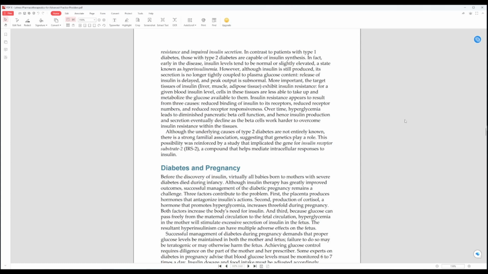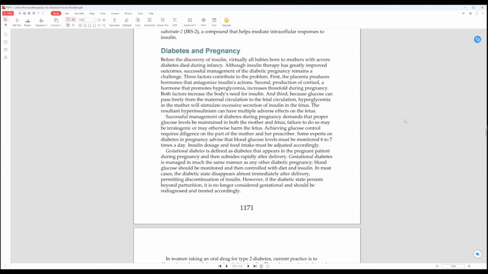Although the underlying cause of type 2 diabetes is not entirely known, there is a strong familial association, suggesting that genetics play a role. This possibility was reinforced by a study that implicated the gene for insulin receptor substrates, a compound that helps mediate intracellular responses to insulin.